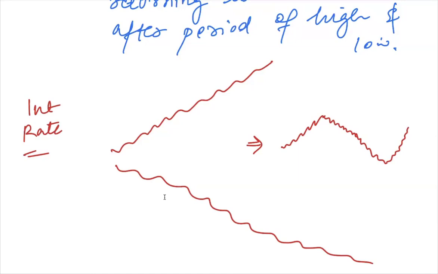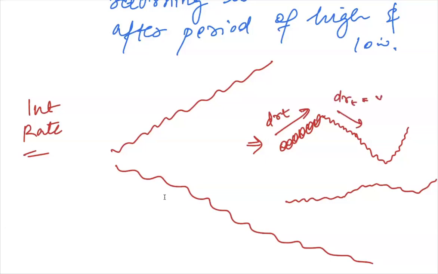And sometimes it can be stable also. Something like this you can always observe. So what is this part? The increasing trend is nothing but drt being positive, and here drt is negative, right?